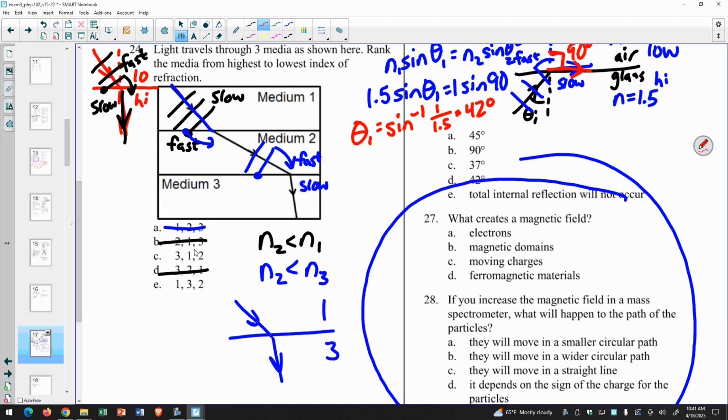So I can draw my wave fronts. It means it must be traveling fast here and slow here. That means I have a small N and a big N. Our N1 is less than N3. That means that this one is not the answer. So C must be the right answer.